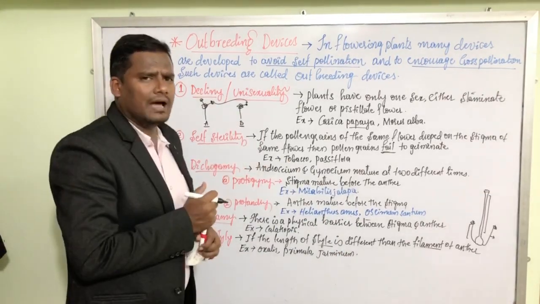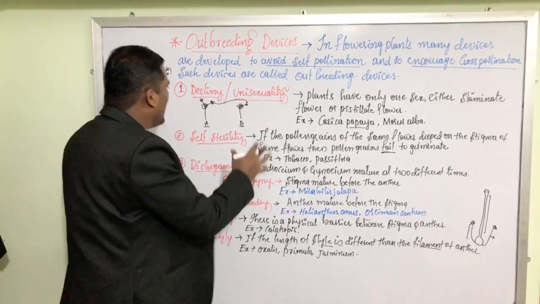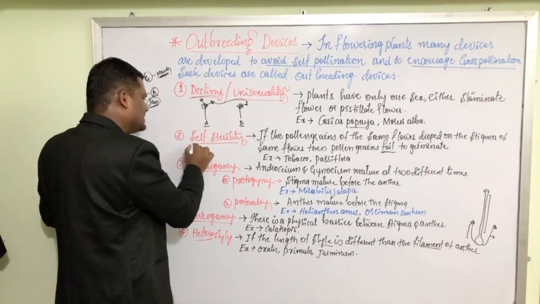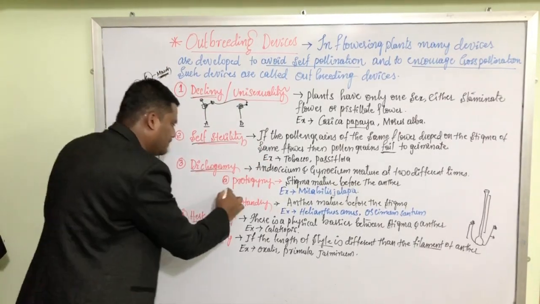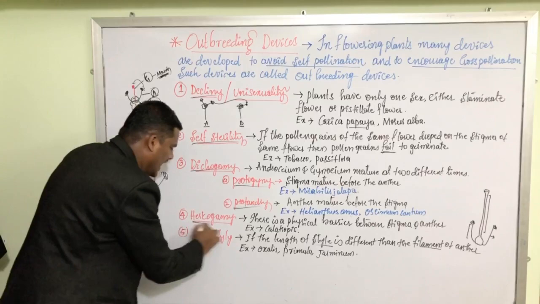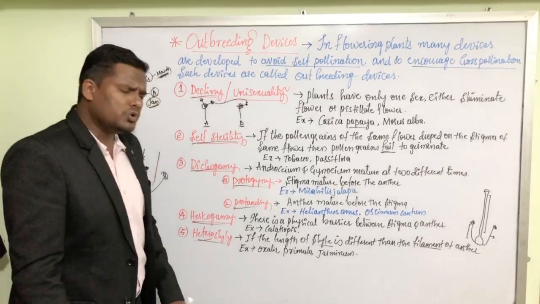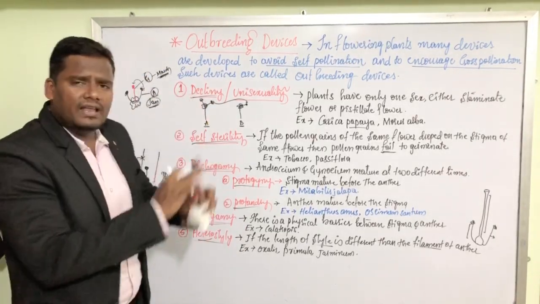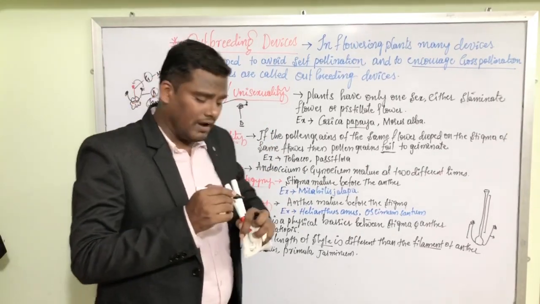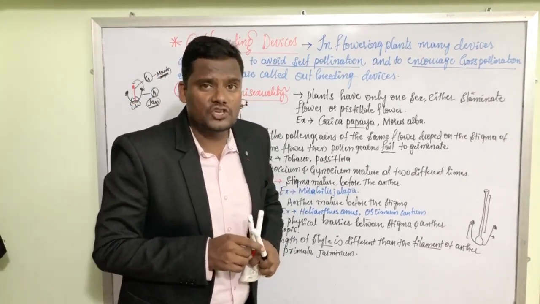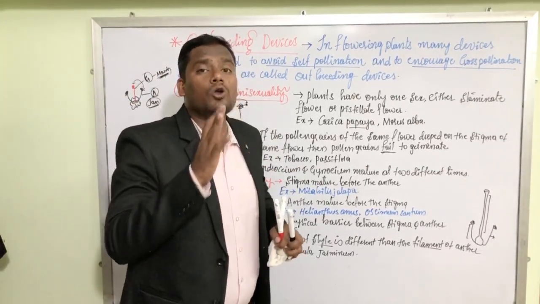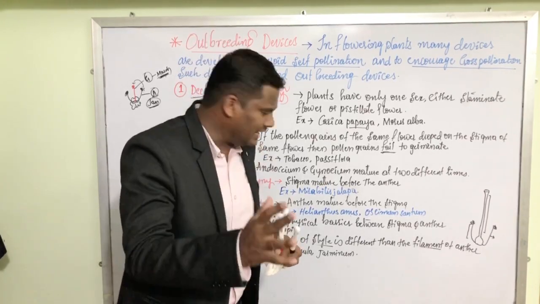They are all examples. In all the devices, whether it be dicliny, self-sterility, dichogamy, protogyny, protandry, herkogamy, or heterostyly, in any of the devices, self-pollination is avoided and cross-pollination is encouraged.